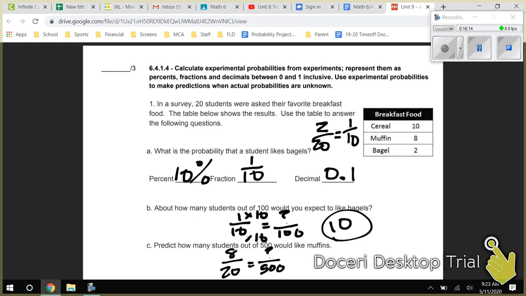Okay, so 20 times 25 is 500, because 20 times 5 is 100, and times 5 more is 500, so 5 times 5 is 25. 20 times 25 is 500, so if we do 8 times 25, or in other words, 8 quarters, that would equal 200.